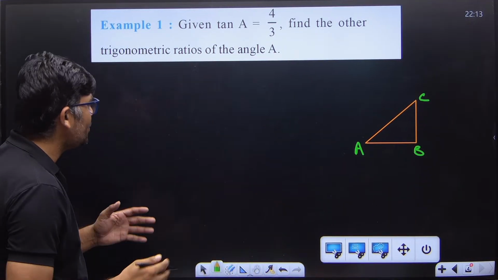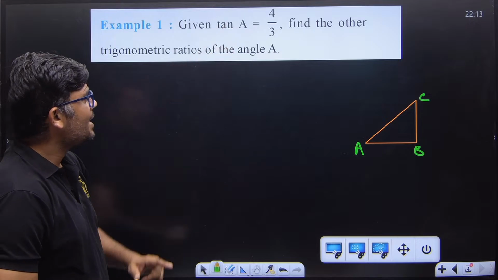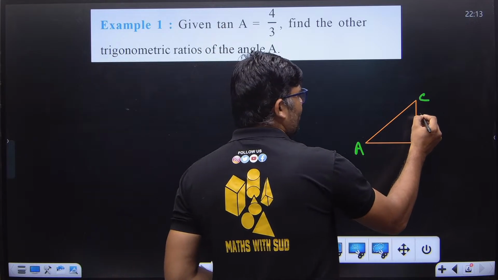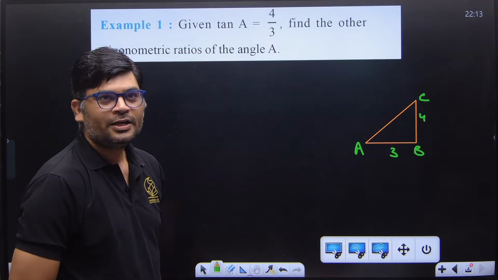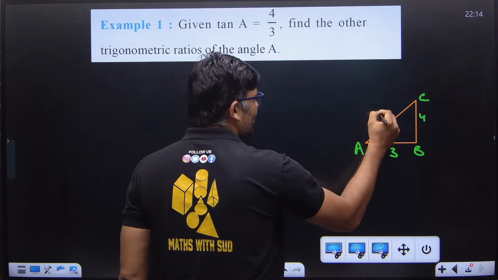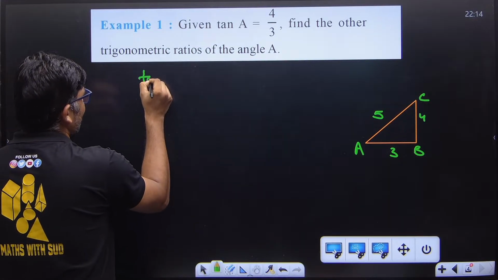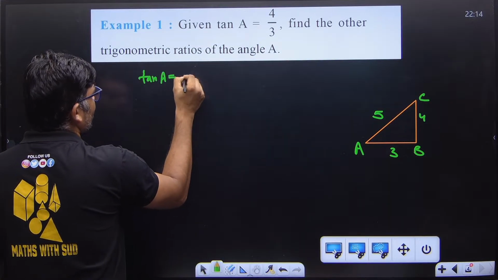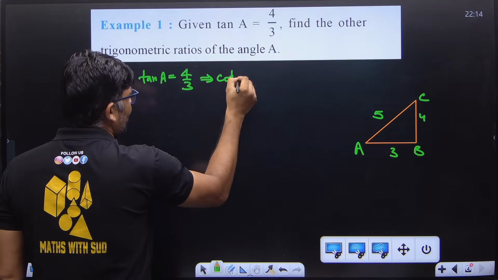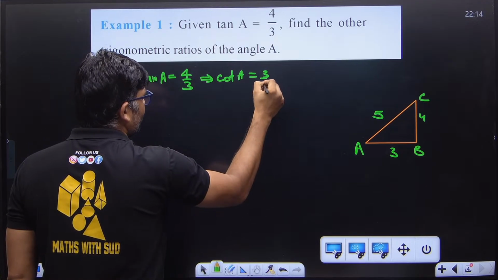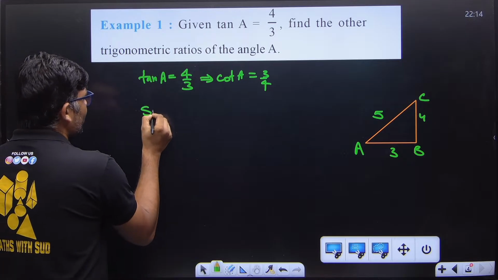You can choose P and Q, but this angle has to be A. And if it is saying tan A is 4 by 3, you can make it 4, you can make it 3. So if it is 3 and 4, can you tell me what will be the third side? 5. Now tan A is 4 over 3 immediately implies that cot A is 3 over 4. Can you tell me what will be sine A?